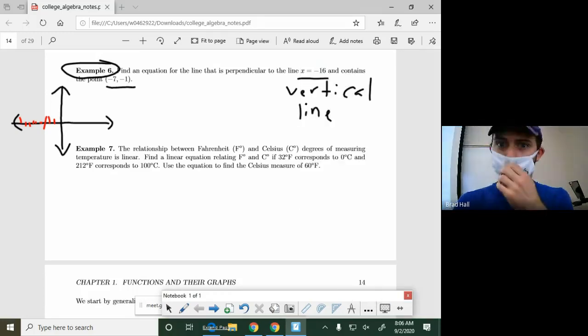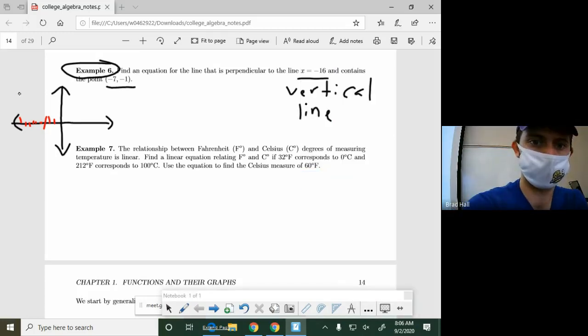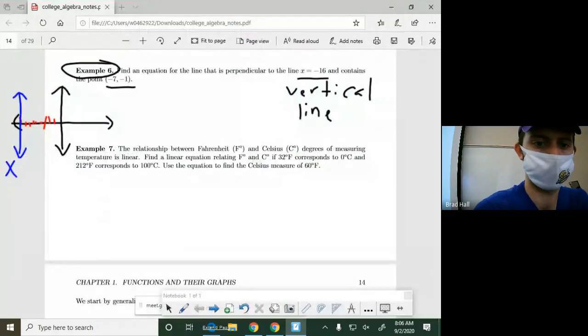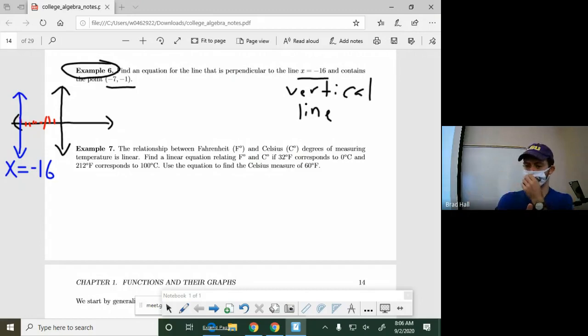And since it's a vertical line, what does a vertical line look like? It just goes up and down. So that's the original line that they gave us. We haven't even touched perpendicular at all.